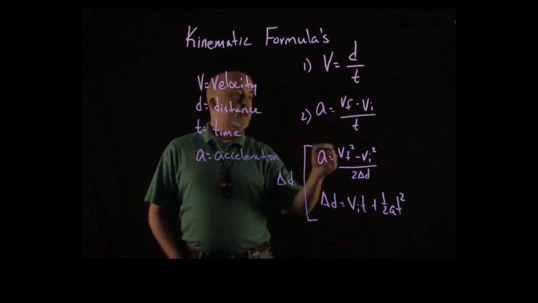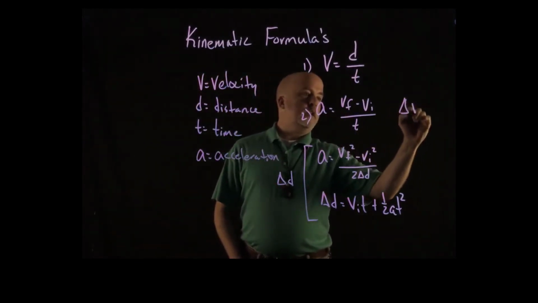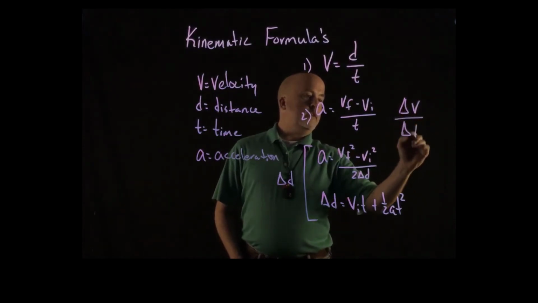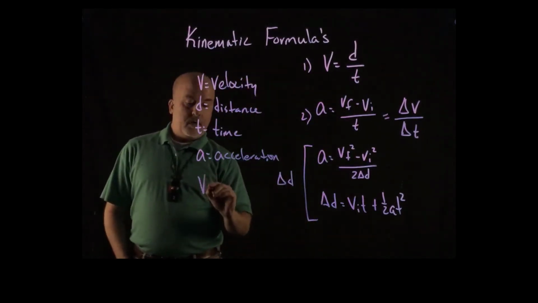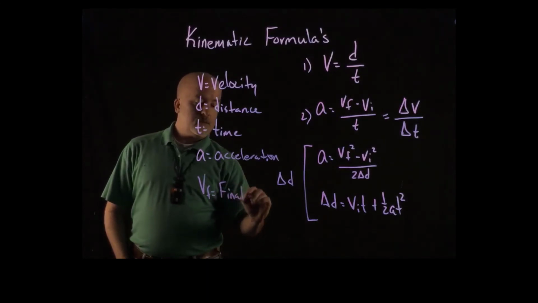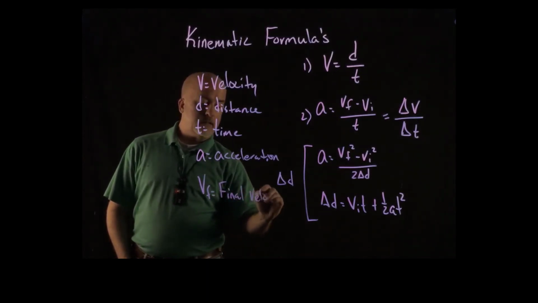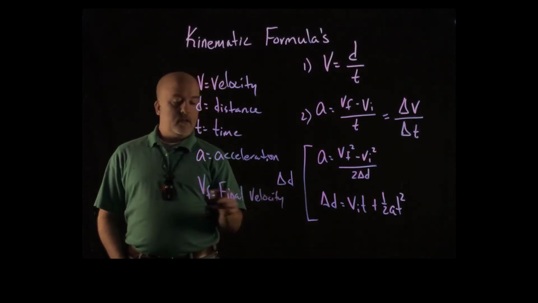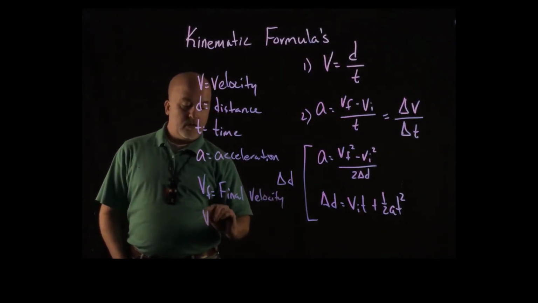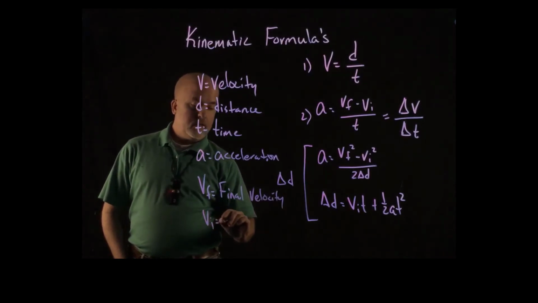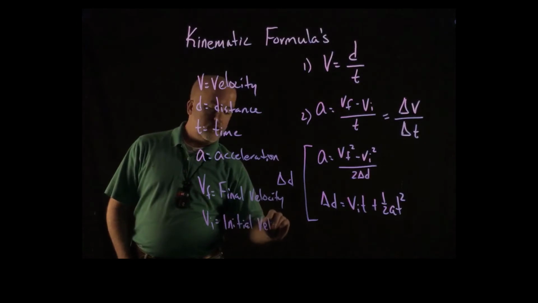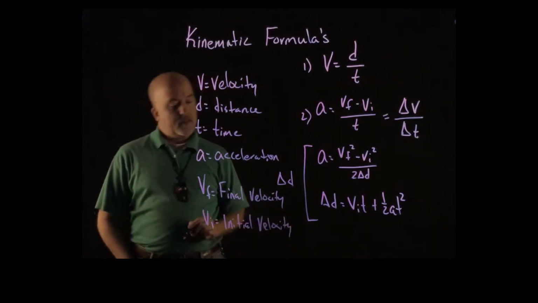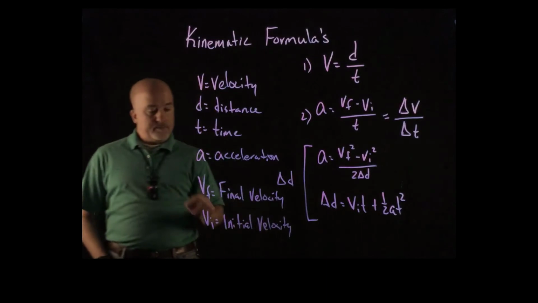So this is technically a change in velocity over a change in time, which we write out to look like this. My V of F is telling me how fast it was going at the final point in time. So that V of F stands for final velocity. The V of I stands for how fast it was going at the beginning of its time. Okay? So that's what those two variables stand for.